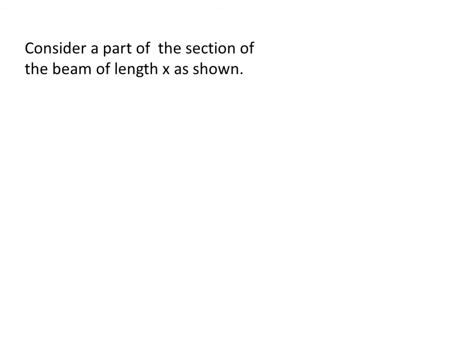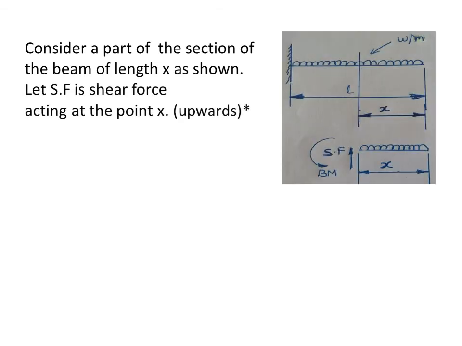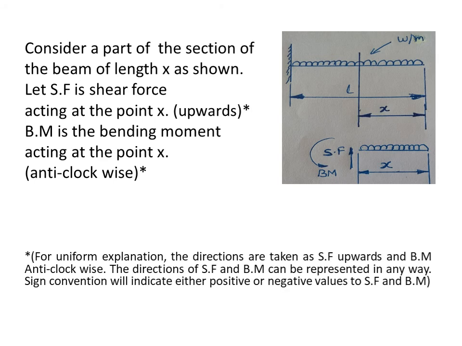Consider a part of the section of the beam of length x as shown. Let SF be the shear force acting at the point x shown upwards. BM is the bending moment acting at the point x shown anti-clockwise. The purpose of showing upwards and anti-clockwise is for uniform explanation.